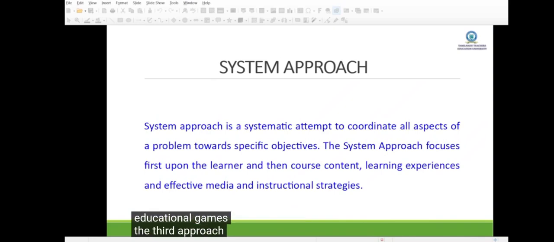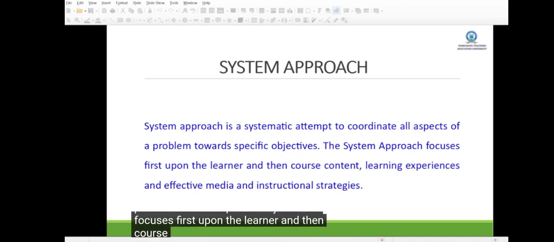The third approach is the system approach. The system approach is a systematic attempt to coordinate all aspects of a problem towards specific objectives. It focuses first upon the learner and then course content, learning experiences, and effective media and instructional strategies.